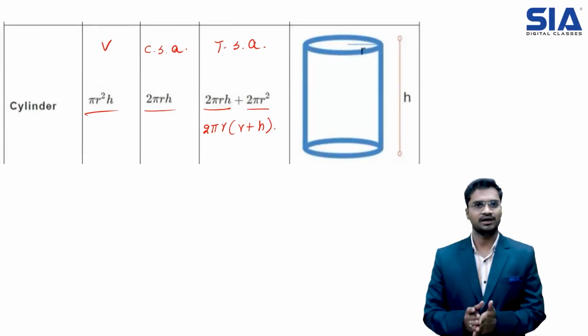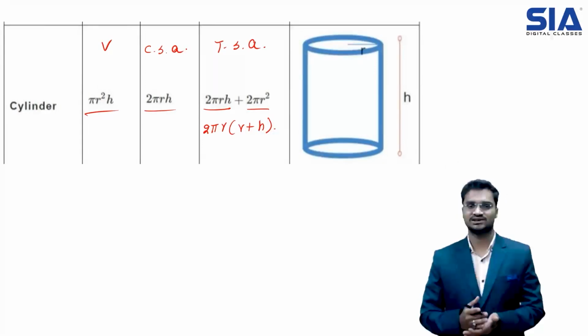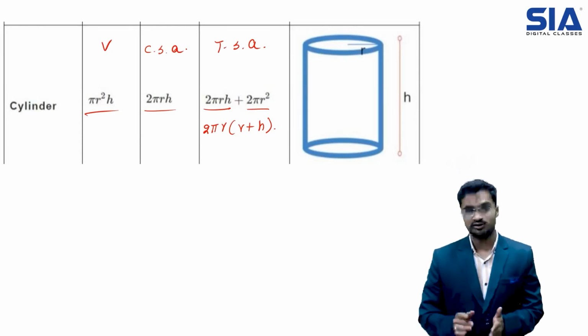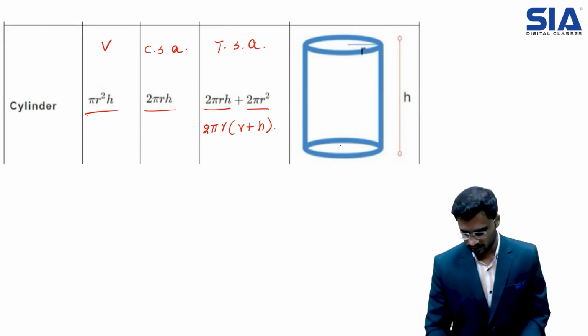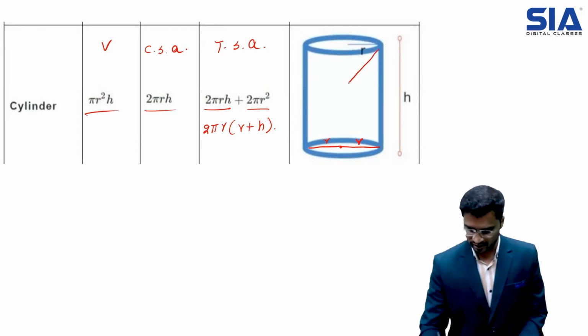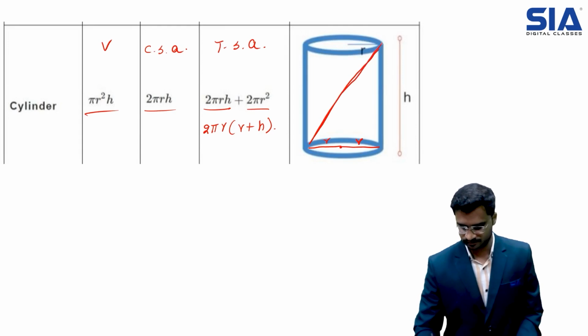Now in this particular question also they can ask what is the longest pole that can be fixed in a cylinder. This is the radius of the cylinder and this is also the radius of the cylinder. The longest pole that can be fit is this one. Now this is the height.